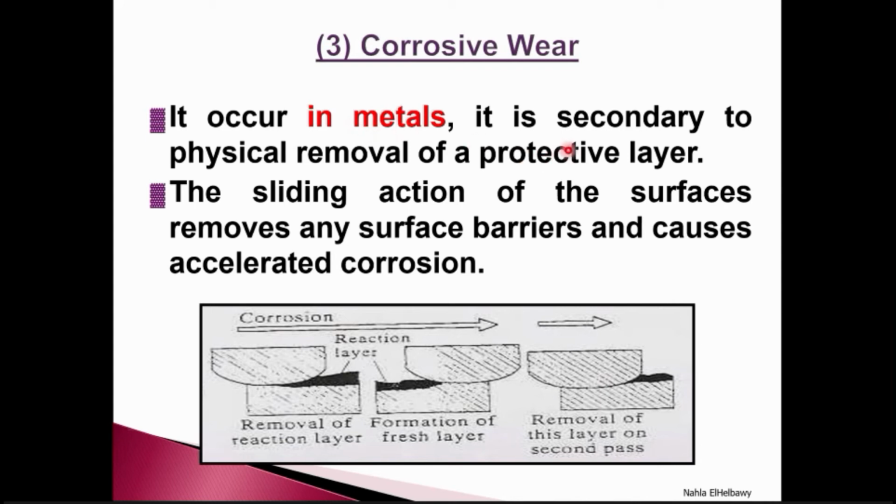So this is secondary to physical removal of the protective layer. For example, if we have used a polymer layer or passivation layer, that can be removed as a result of wear, and then corrosion will start. And then it will continue with the wear of the corroded layer.